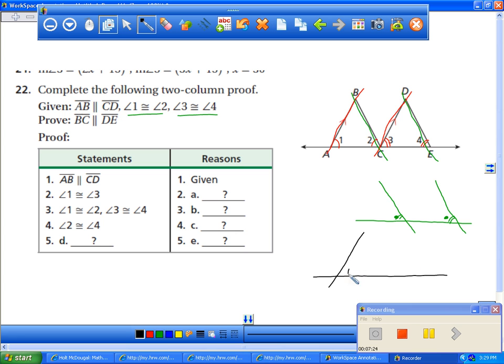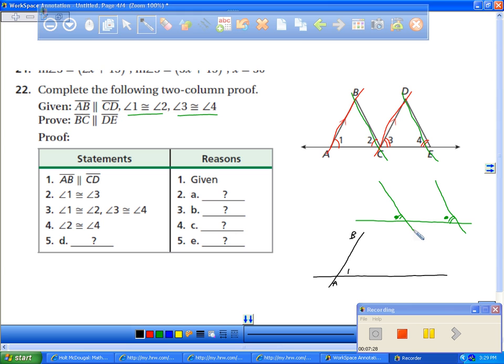I made angle 1 with BA, and angle 3. How do I make angle 3? Well, I come over here and I draw DC, right? So here's angle 3. So if these are parallel, then why does angle 1 have to be congruent to angle 3? Well, what kind of angles are they? They are corresponding angles.